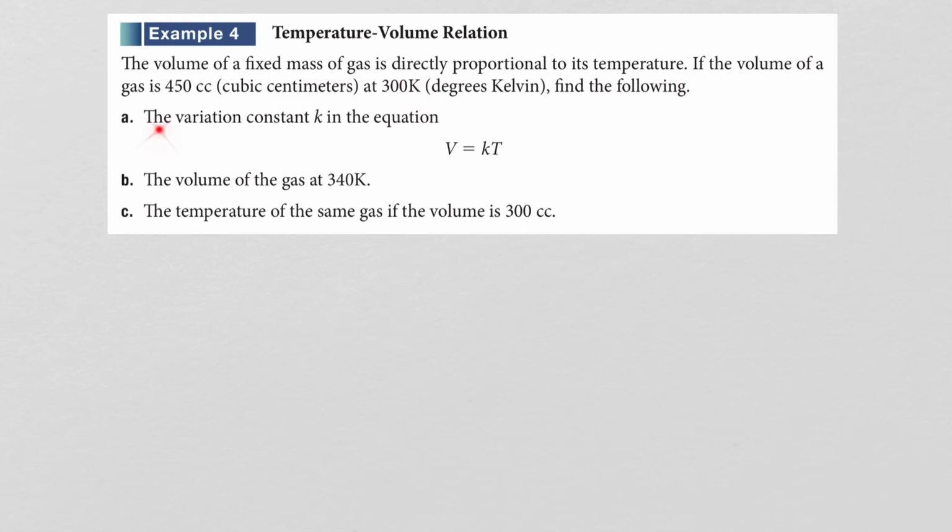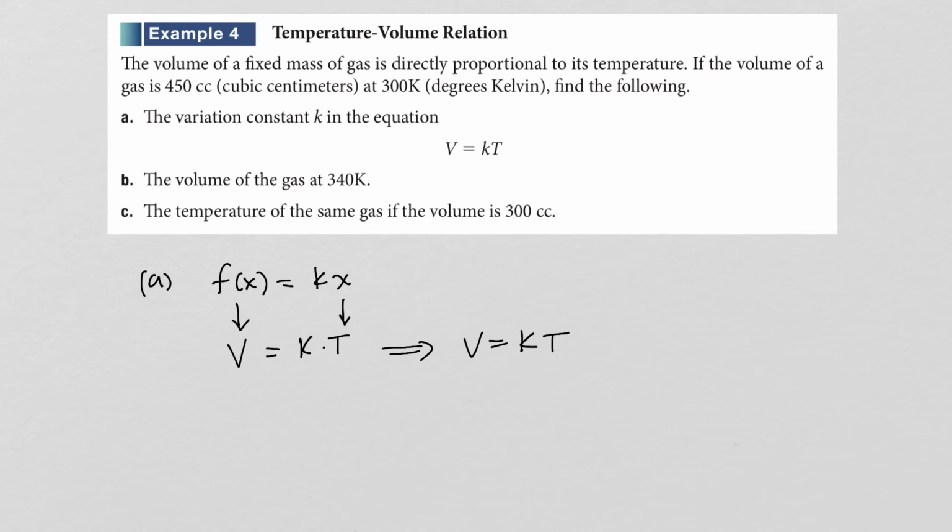First of all, we want to find the variation constant K, and in the equation they're calling it V equals KT. Now we have been talking about f of x equals kx, but in this case, since we're representing volume, we're going to call that V for volume, and x is temperature, we're going to call that T for temperature. So that's where they get the equation V equals KT.